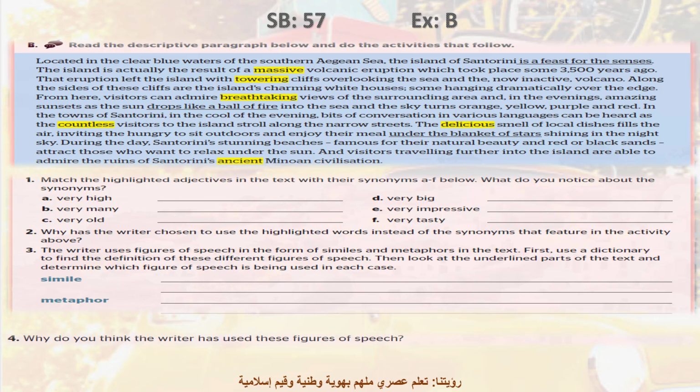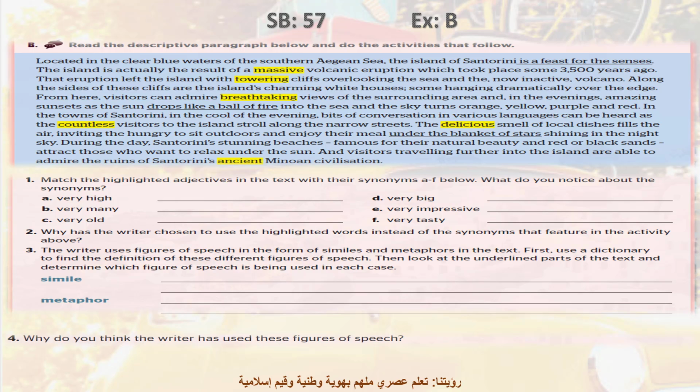I think to answer this question correctly, we need to do it the opposite way. How? We should read the highlighted words first and then look for their meaning in the question. Let's start with massive. Yes, let's read it in its context in line number 2.